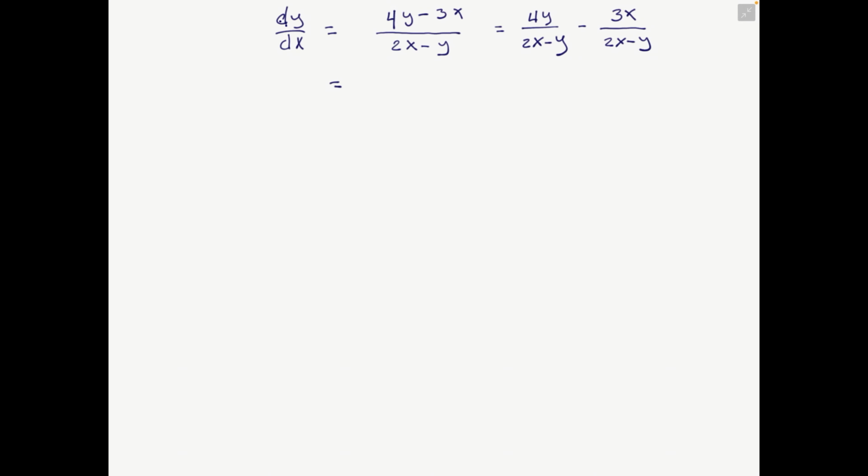Let's say we divide everything by y. We got 4 over 2x over y minus 1, and that's minus 3x over y times 2x over y minus 1.